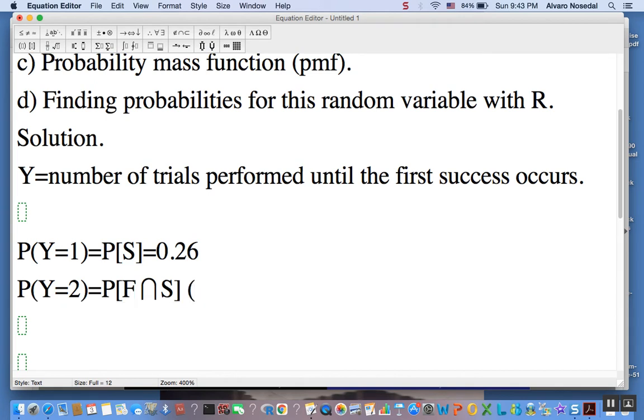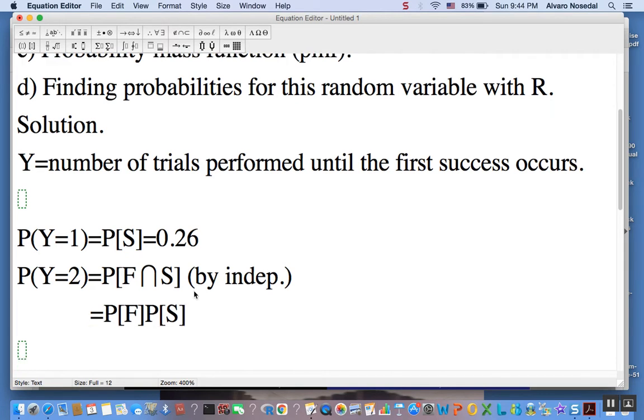But let me just write that down. By independence, that probability will be just the following product. The probability of F intersection S equals probability of F times probability of S, probability of failure times probability of success.